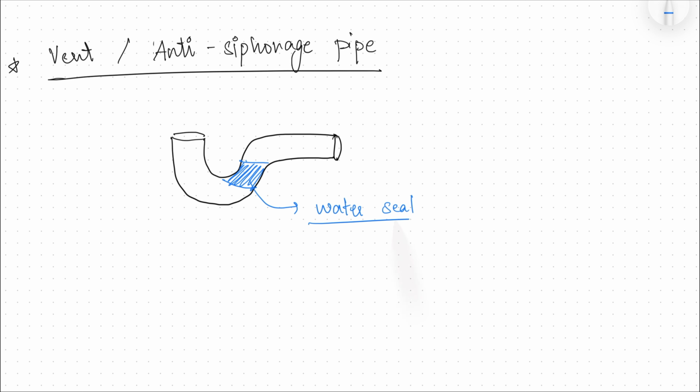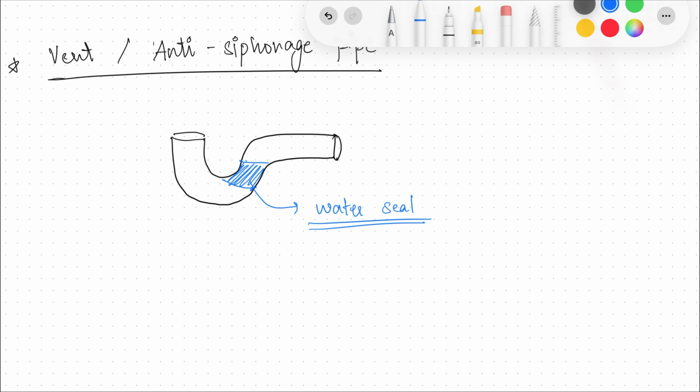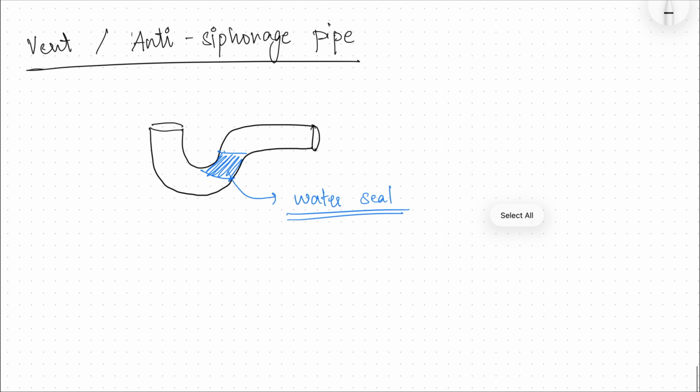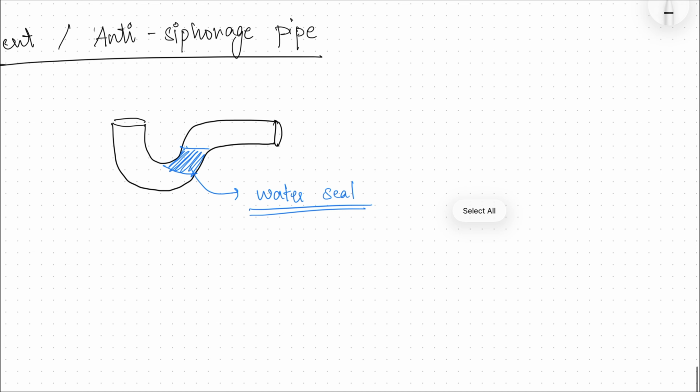And the main function of water seal is to lock the foul smells away from the building. So even if the foul smell tries to come into the building via the pipelines, the water seal captures it and keeps it away.